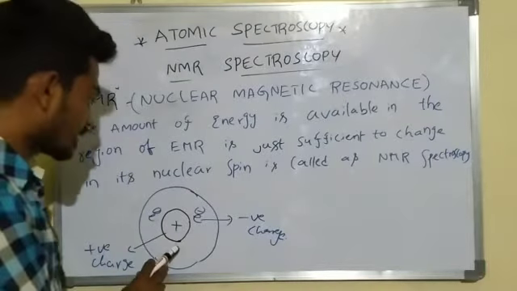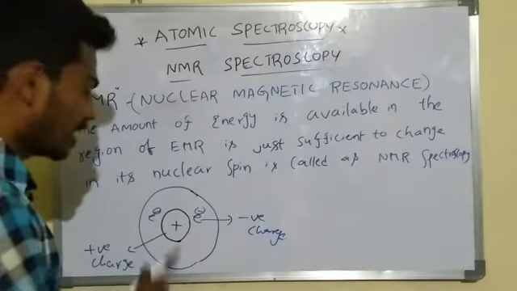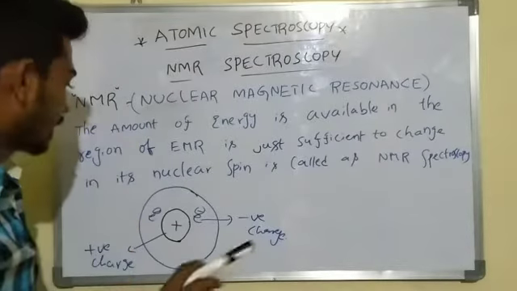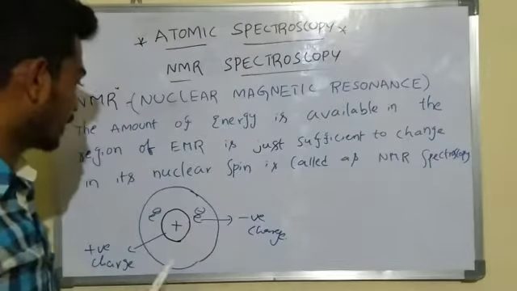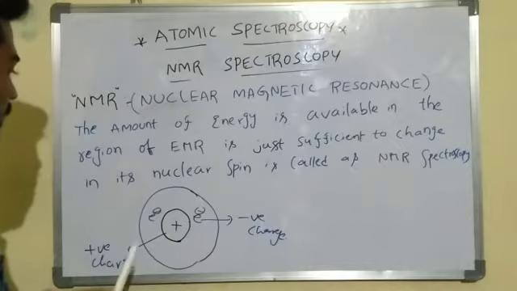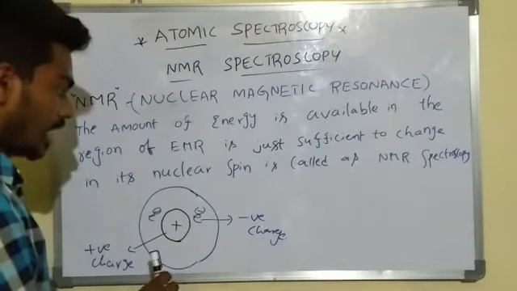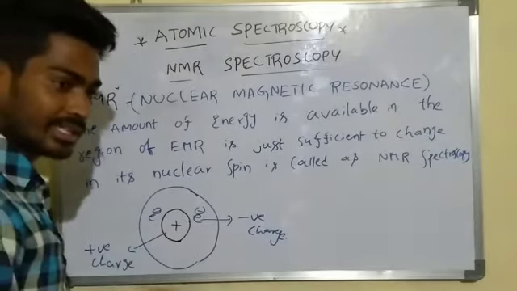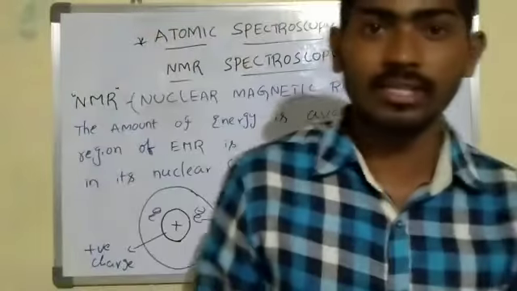In NMR spectroscopy, this nucleus behaves as a tiny bar magnet and it produces a magnetic field. Initially this nucleus and its electrons are in a degeneracy state. Degeneracy is nothing but the same energy.